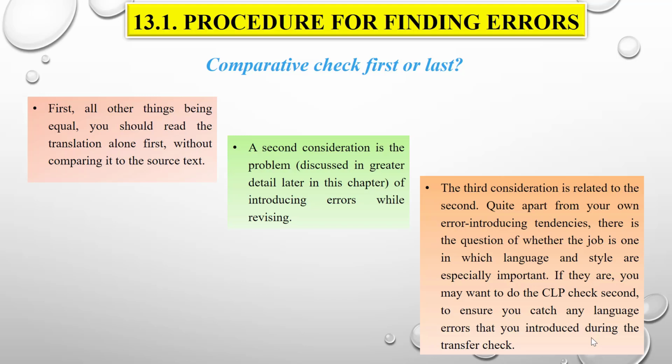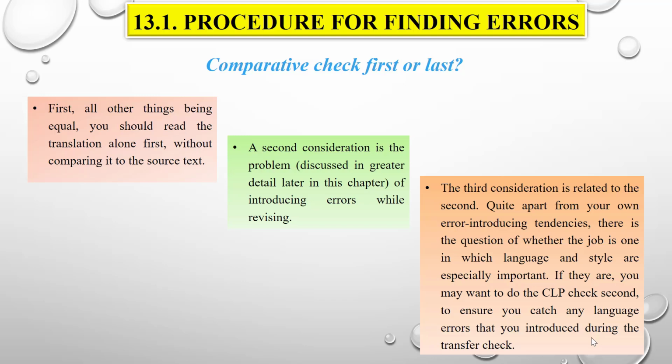A second consideration is the problem of introducing errors while revising. You're revising the text and you make errors yourself. Suppose you do the CLP track first and then the transfer track, but during the transfer track you introduce language errors, or one of the CLP track errors. There is no further check that would enable you to find these newly introduced errors.